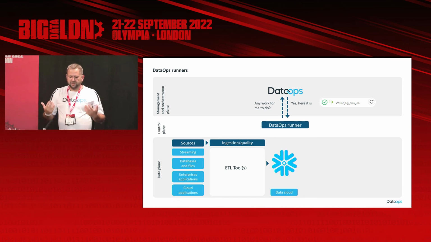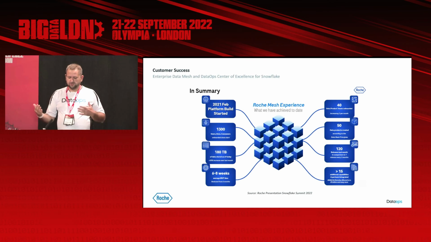So what is the kind of velocity that we get from this? To put it into perspective, let's see a particular customer's problem that they had and how they were able to solve it. So Roche Pharmaceuticals is a global pharmaceutical manufacturer. And one of the biggest challenges that they had is it was taking them a very, very long time to deliver a data product.